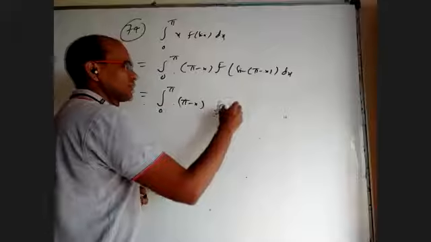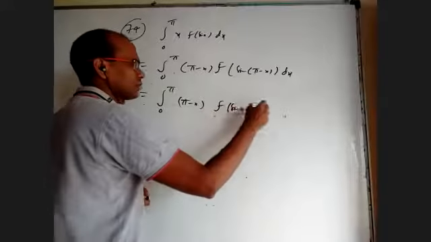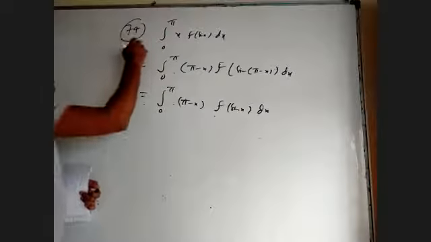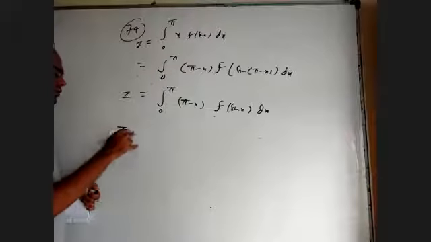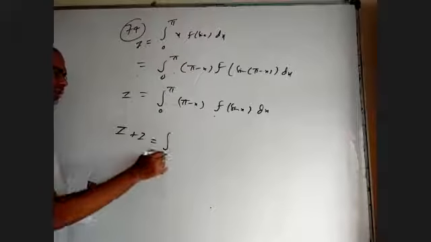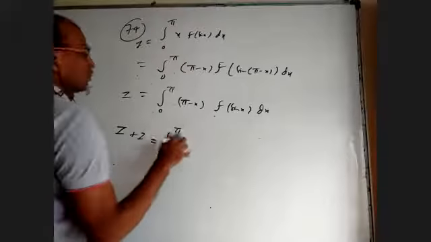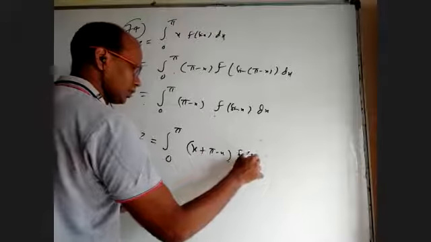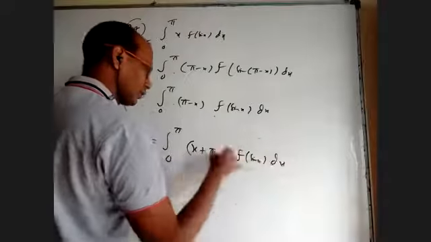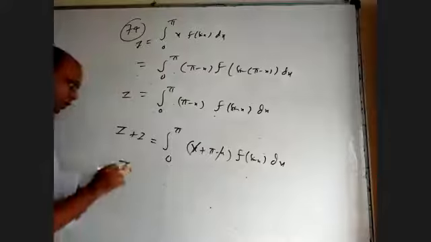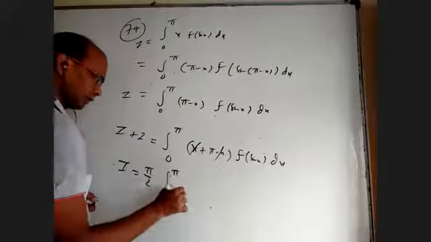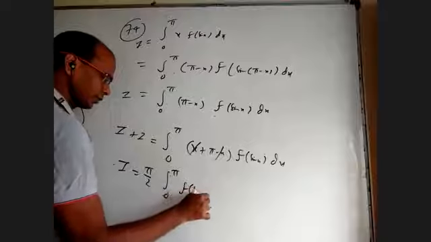Sin of 180 minus theta is sin theta, so we'll get f of sin x. Now let us add this plus this. This is I and this is I. So when you take I plus I, integral 0 to pi, I'll get x plus pi minus x, f of sin x dx. X will cancel. You get I equal to pi by 2 integral 0 to pi f of sin x dx.